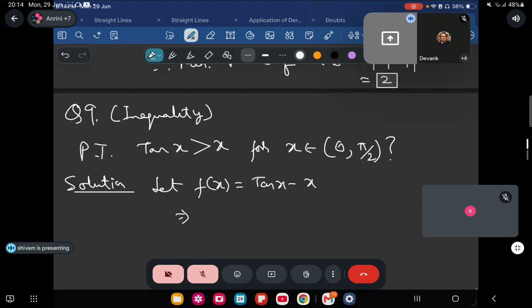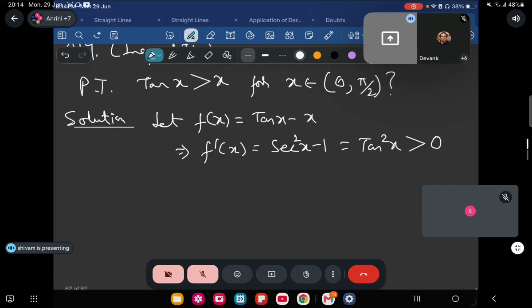Then what is f dash x? F dash x will be equal to sec square x minus 1. Now what is sec square x minus 1, everyone? Tan square x, right? And tan square x is always greater than or equal to 0. And over here it is strictly greater than 0.